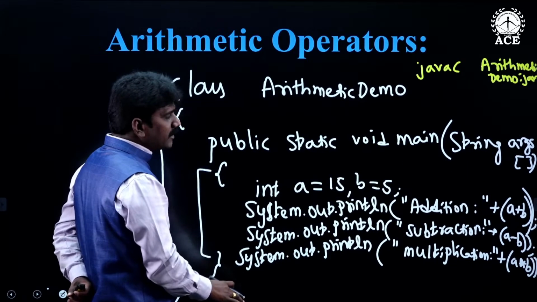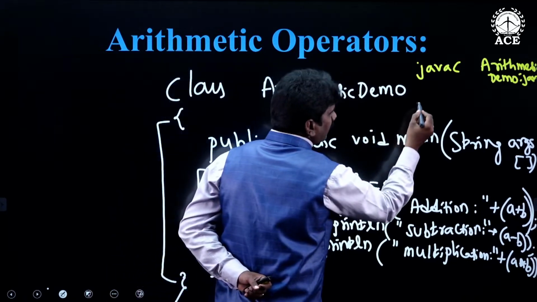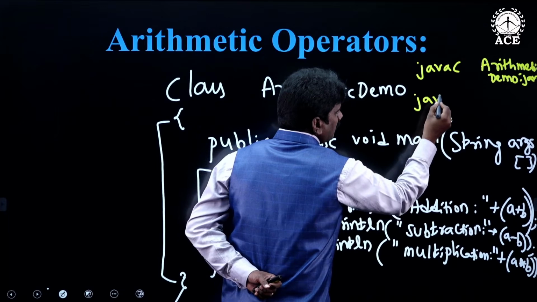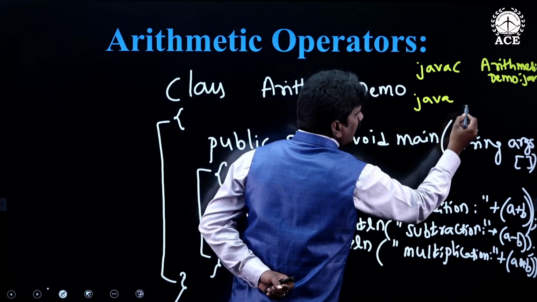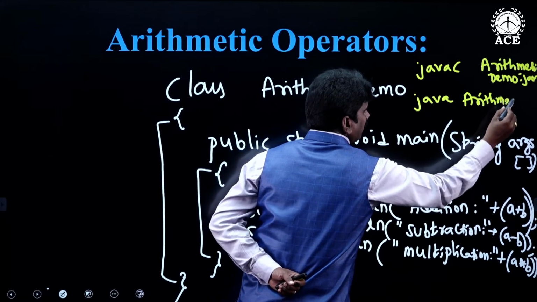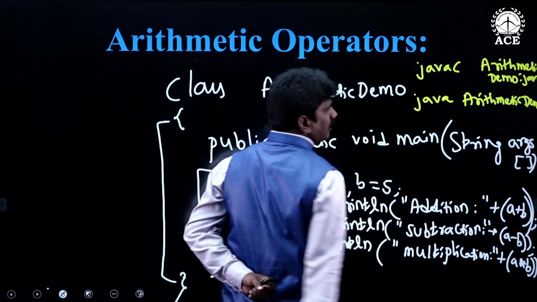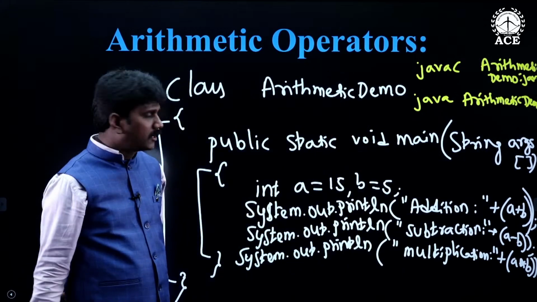If there is no error in the program, then we can execute the program by using the command java space, and the class name, ArithmeticDemo. Like this we can execute the program.